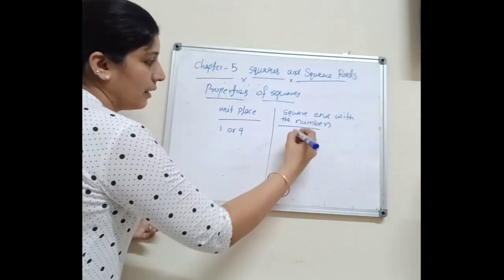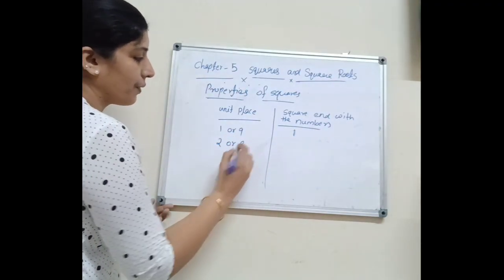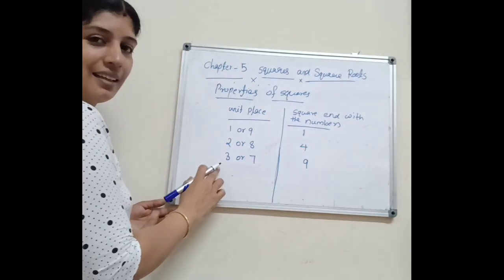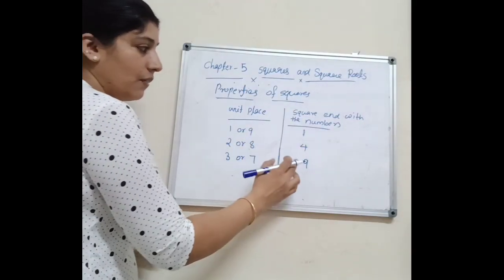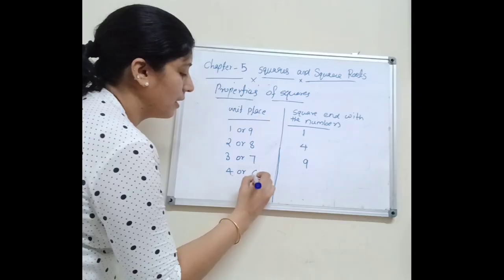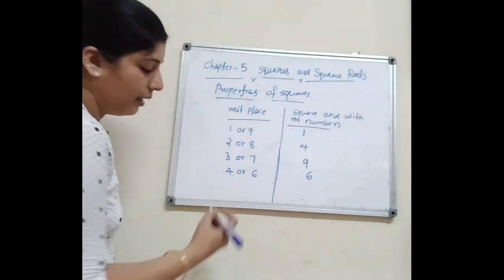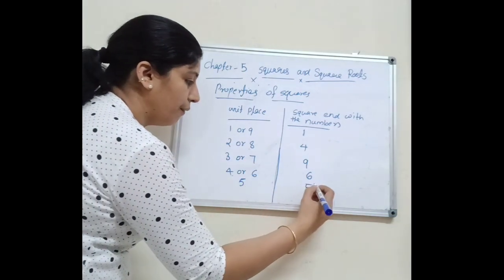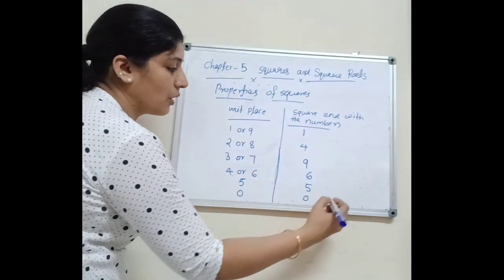Next, we can consider the unit place value 2 or 8. The square always ends with 4. Let us consider another unit place value, 3 or 7. The square always ends with 9. Next, we can consider 4 or 6. The square always ends with 6. Next, the number 5. The square always ends with 5. And in the case of 0, the square also ends with 0.